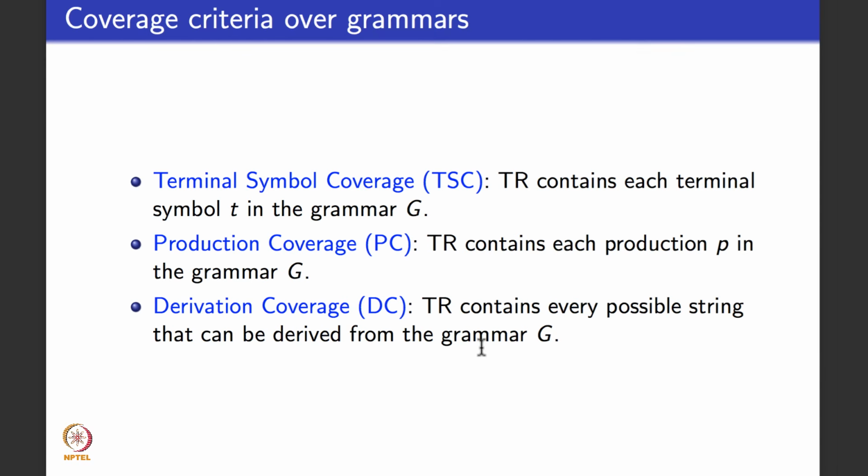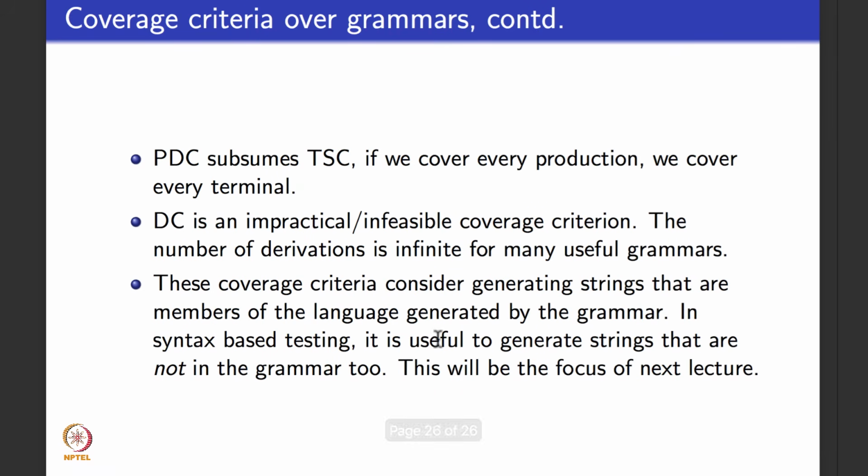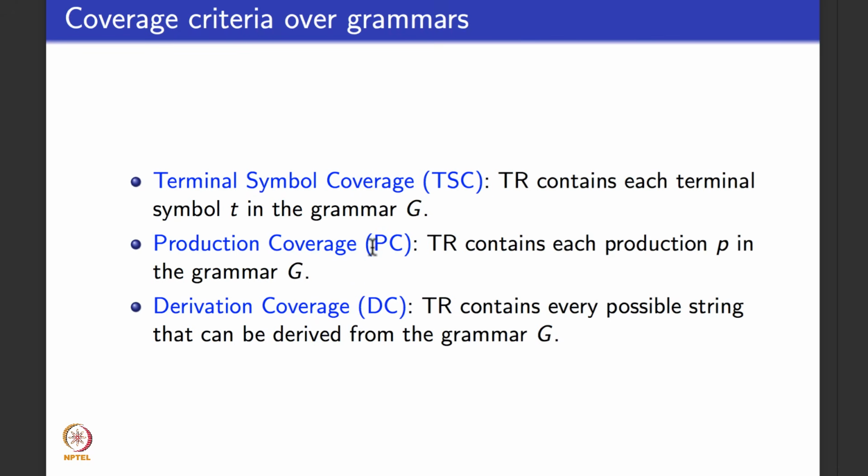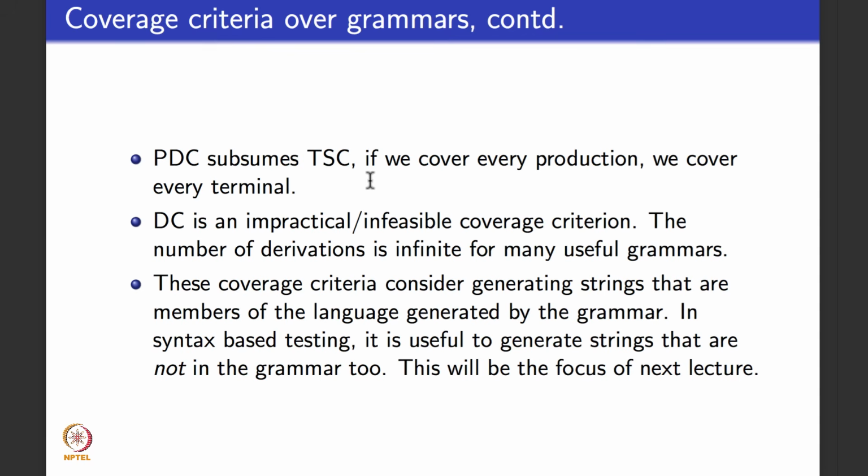Typically, grammars generate infinite languages and it's not possible to derive every possible string. You won't terminate. So, because productions need to be exhaustive, PDC, which is production coverage, subsumes TSC. If we cover every production, we cover every terminal. This is what I told you. Derivation coverage is impractical and infeasible also.